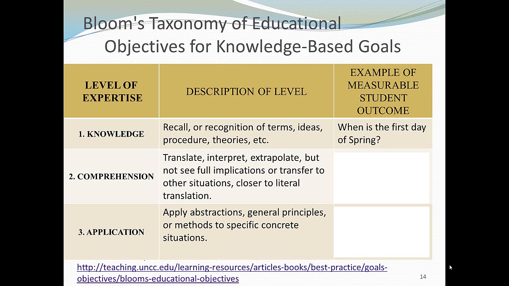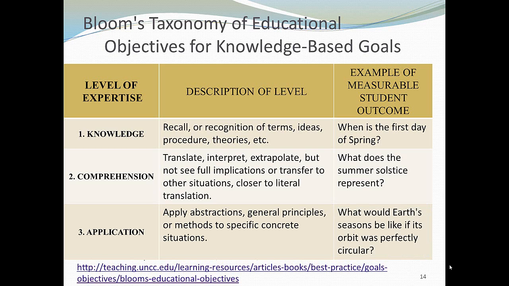They either know correctly or incorrectly, or maybe they don't know. But that's a measurable outcome, what they know. At the comprehension level, you can ask them, can you explain the summer solstice? What does it represent? It's going to be a longer answer, but it is, again, measurable. Probably something you'll have to read, although it could be a multiple choice question as well.